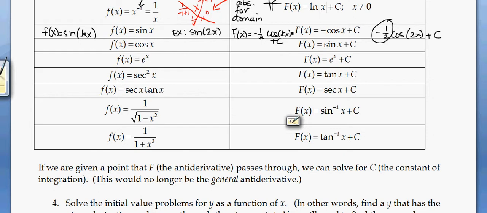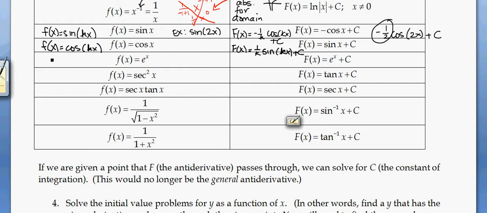So again, if you don't follow why the derivative of this expression would give you this expression, you should do a little chain rule. Pause the video and do the chain rule. So again, we can generalize that if our function was cosine of some kx, then the antiderivative would be not sine of kx, but 1 over k sine of kx plus c.